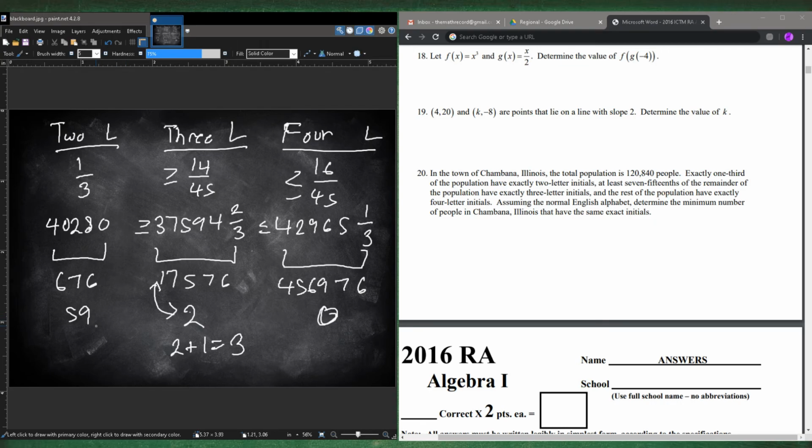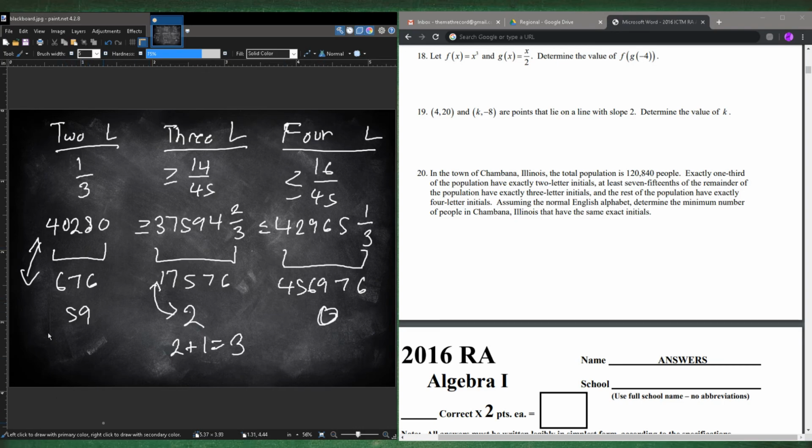So we have 676 times 59, which is equal to 39,884, which is close to this, but still smaller, right? So 40,280 minus that number, so there's 396 people remaining, but this just repeated 59 times as an integer.